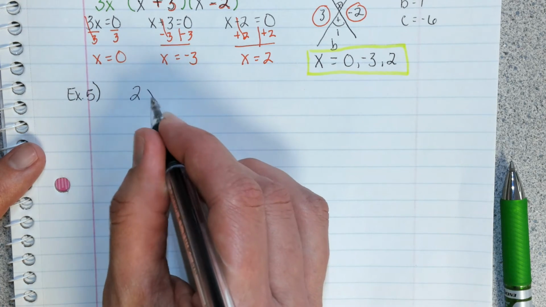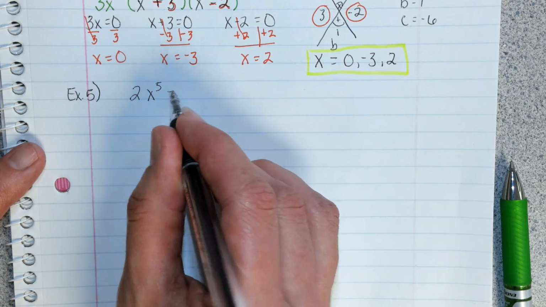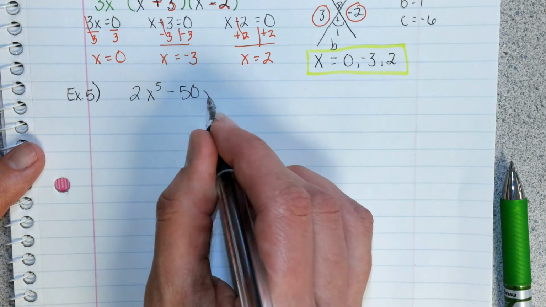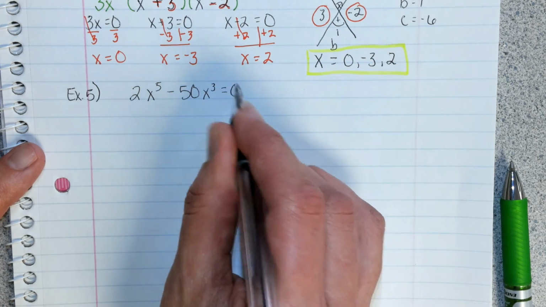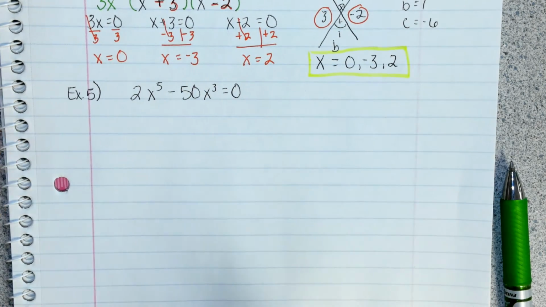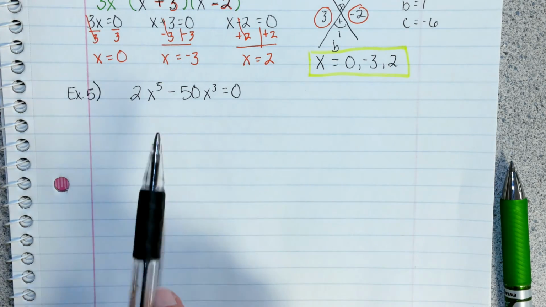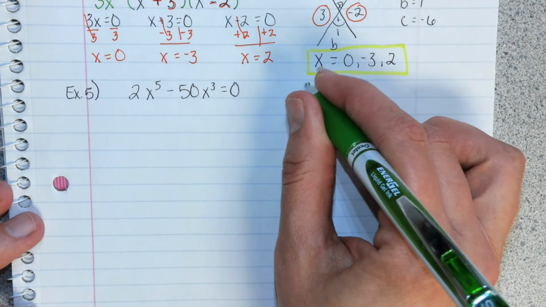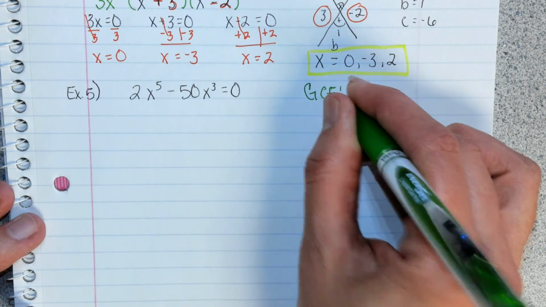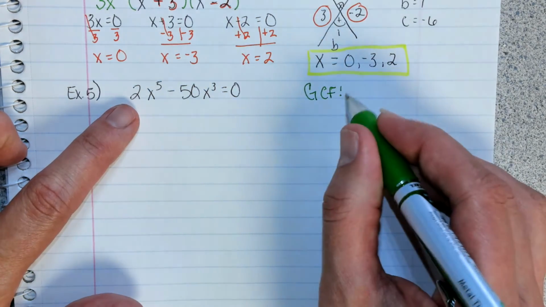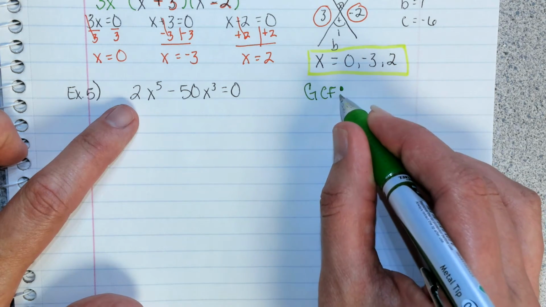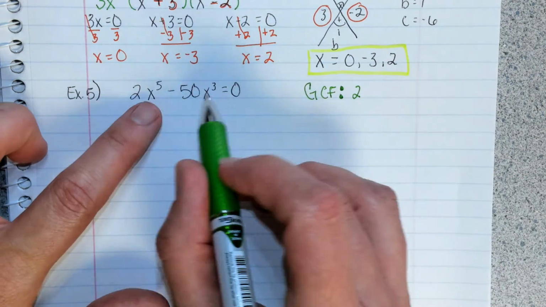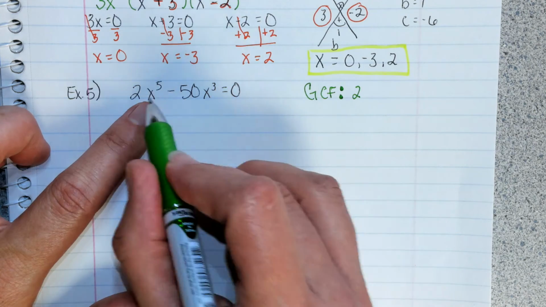So this one, 2x to the 5th power minus 50x cubed equals 0. Do we have a greatest common factor? If we do, we always factor it out first. When we do, the greatest common factor is 2 goes into both, and we can pull x cubed from each.